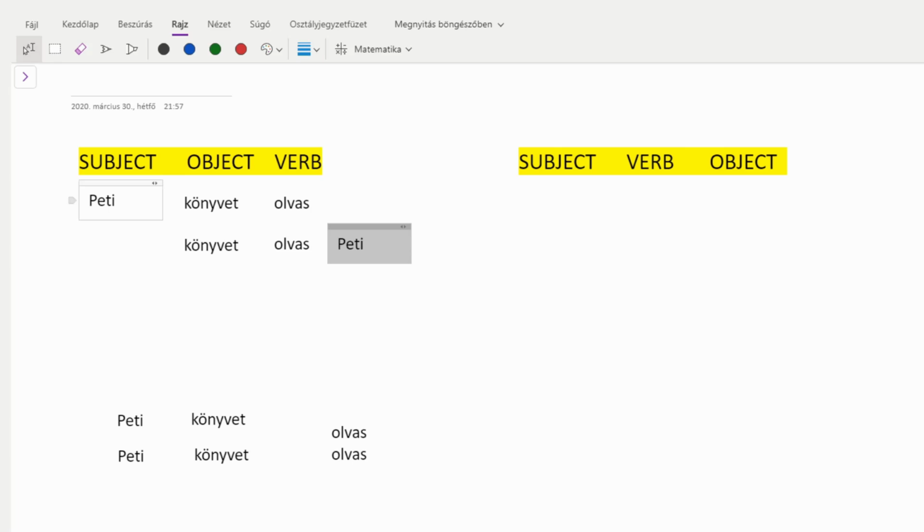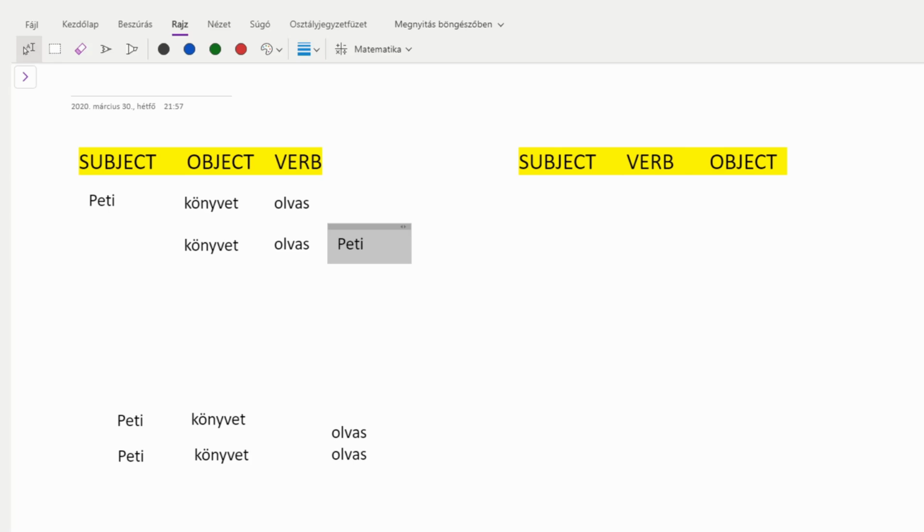While this is natural, Peti könyvet olvas, in the second case, könyvet olvas Peti, it means that there is an emphasis on könyvet olvas. In this order of the words, the words that come first in the sentence are more important. They have kind of a priority. So in this case, they are more emphasized, I could say.